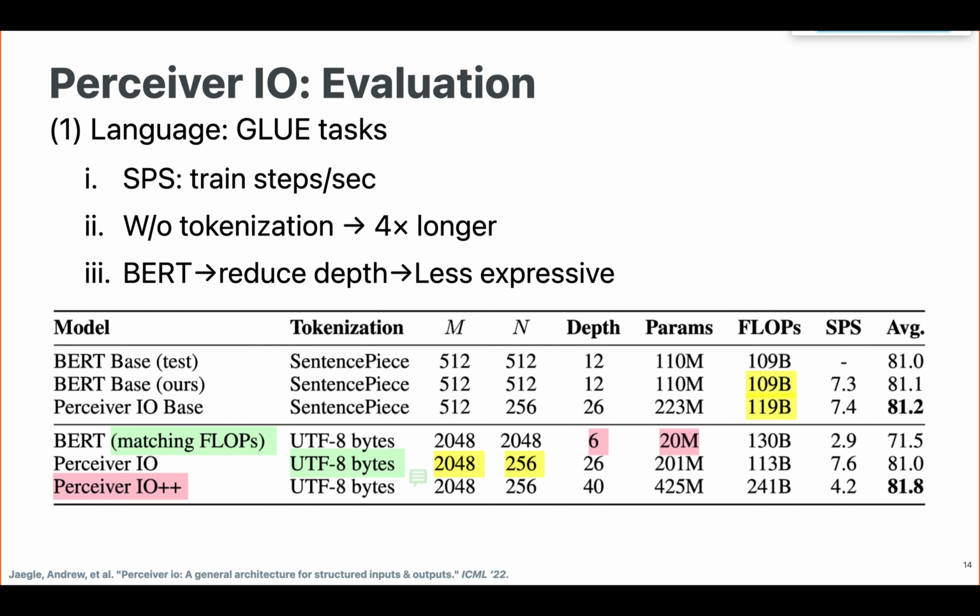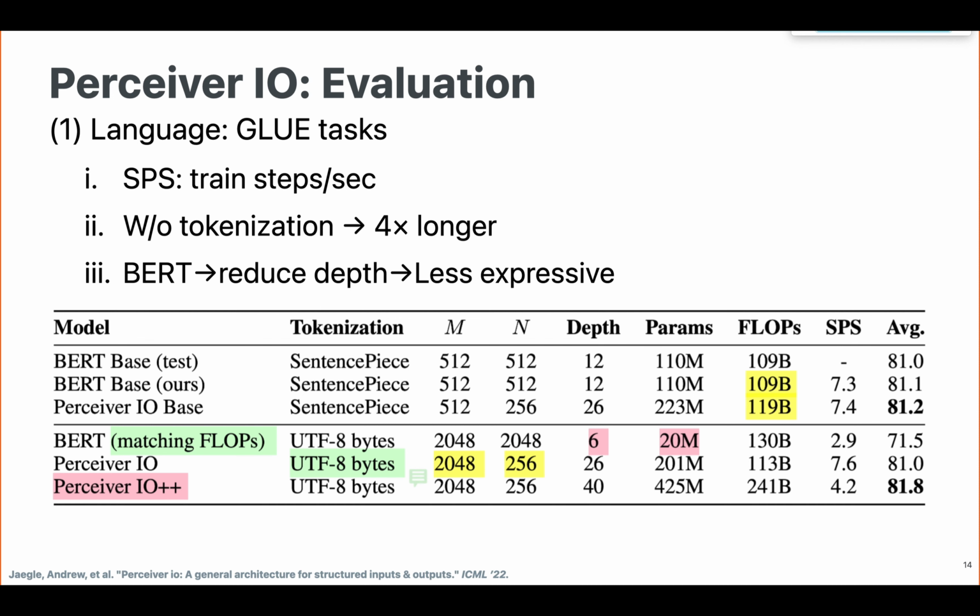When we remove the tokenization, the model will operate purely on bytes, in this case UTF-8. What I wanted to highlight here is that because we removed the tokenization, the sequence becomes longer. M is the number of input tokens.